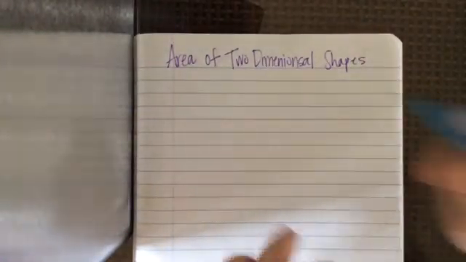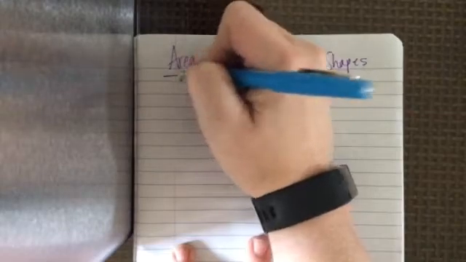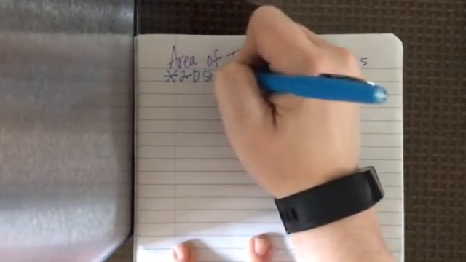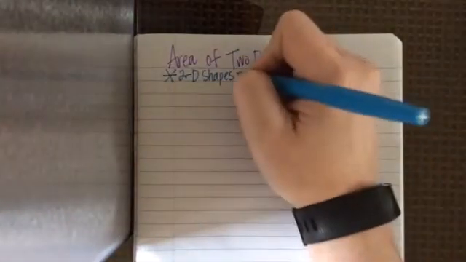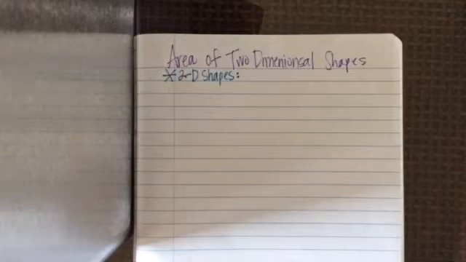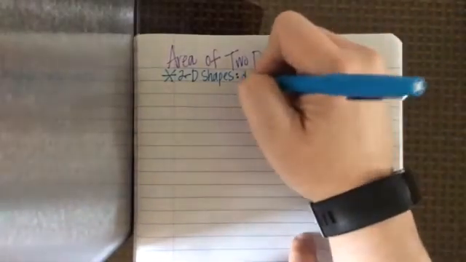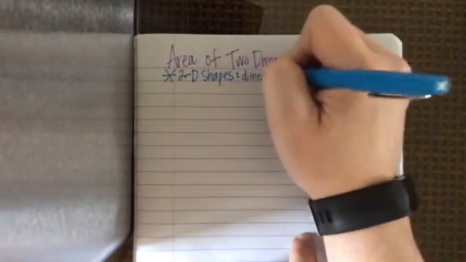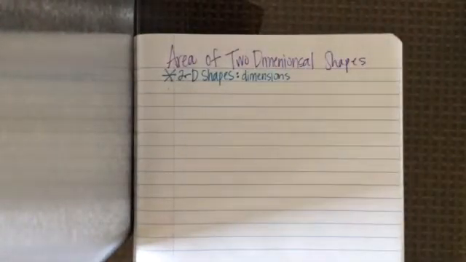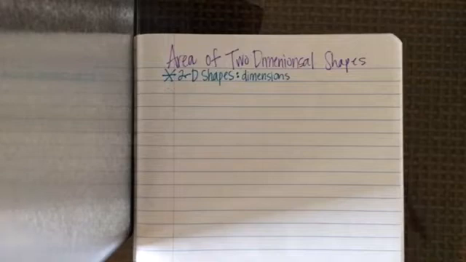So two-dimensional shapes are 2D shapes, right? That's the abbreviation for two-dimensional. 2D means two-dimensional. And dimensions, if you've ever gone to IKEA or Walmart or Target and purchased some furniture that you needed to put together, it tells you the dimensions.